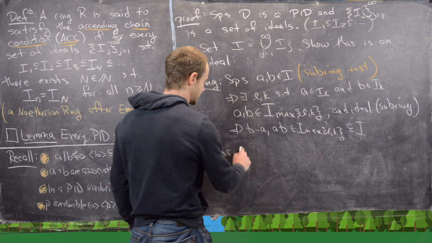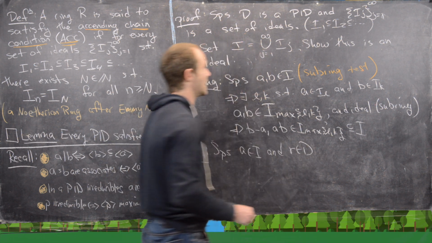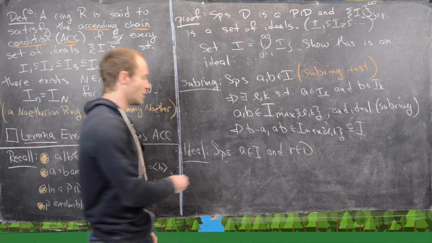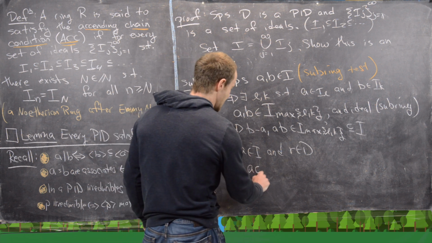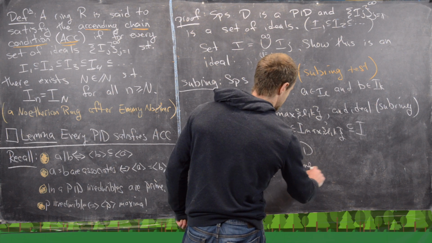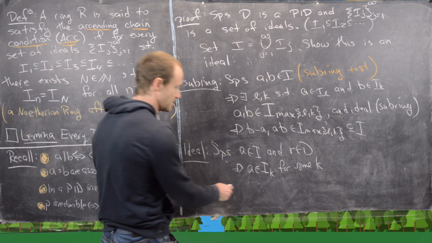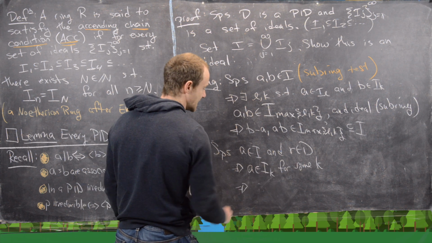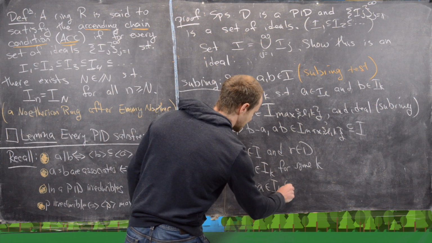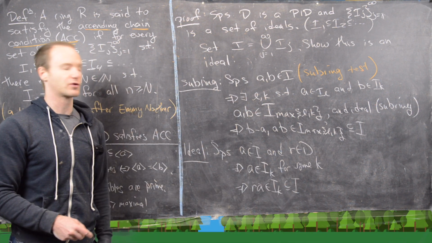Let's suppose that a is in I and r is an arbitrary element of the ring D, in this case the PID D. What this tells us is that a is in I_k for some k, because it's in the union of all of them. Because I_k is an ideal, we know r times a is in I_k, but that's a substructure of capital I. So we have the absorption property proved as well.